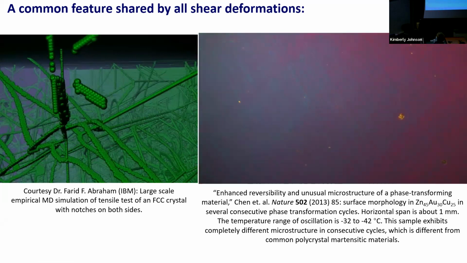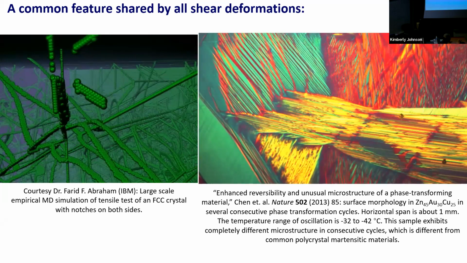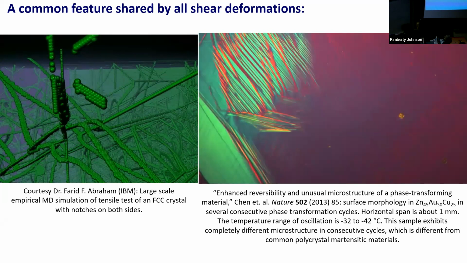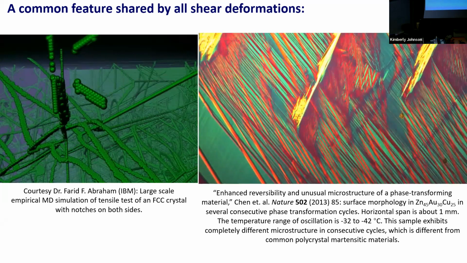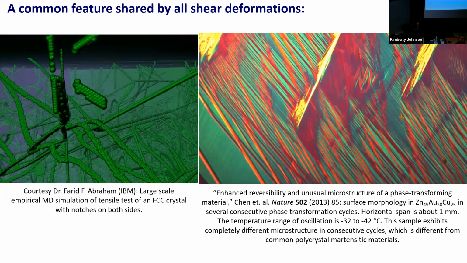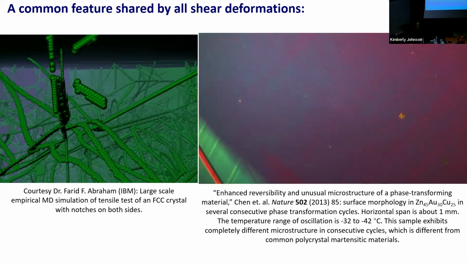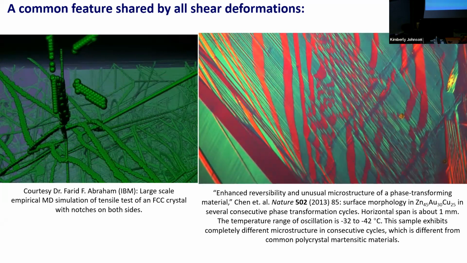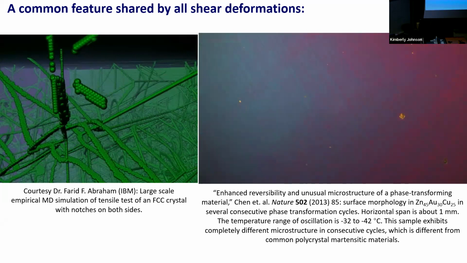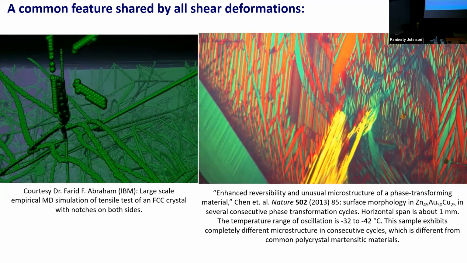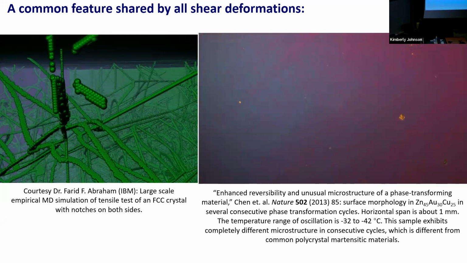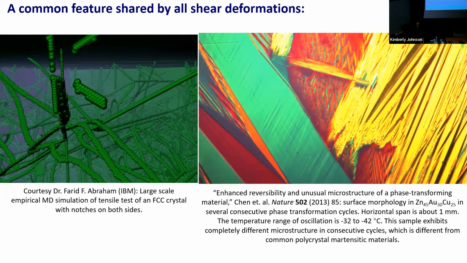So if you look at those two, one real experiment, one animation, and if you look at those two different processes, you ask yourself, so all those plastic deformation or shear deformation in particular carried by either dislocations, martensitic transformations, or deformation twinning, or shear banding in metallic glass, they share a common feature.